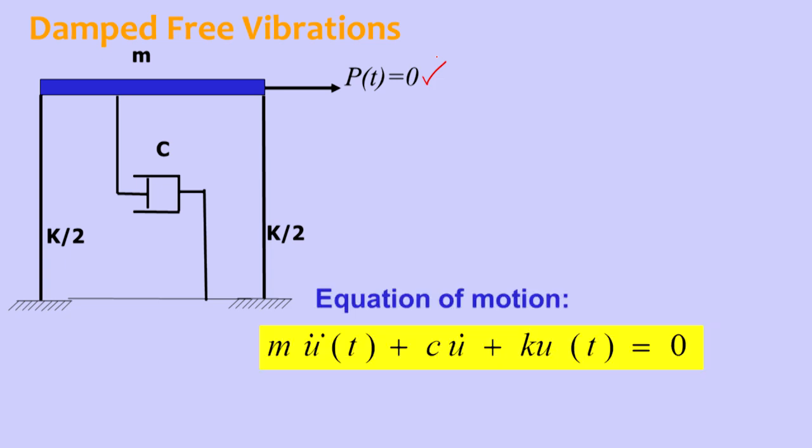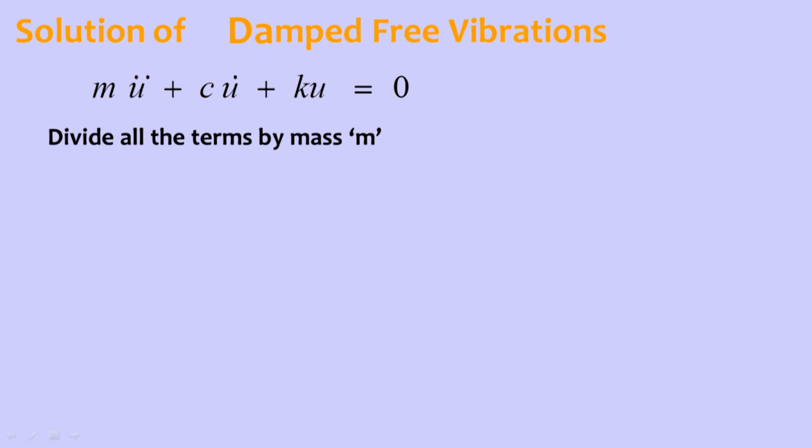The equation of motion, as I told you, is m u double dot plus c u dot plus k u equal to 0. Here damping is a non-zero term, so it has some value. We need to find the solution of this damped free vibration.